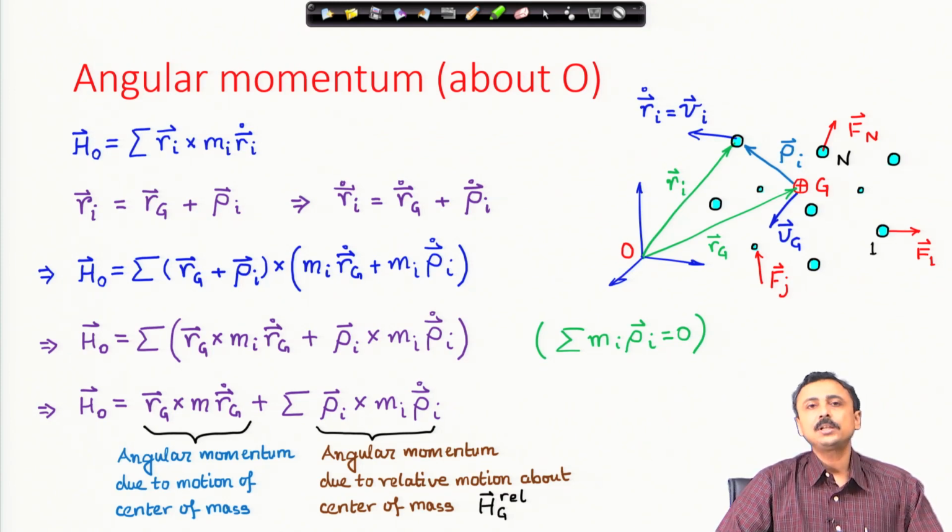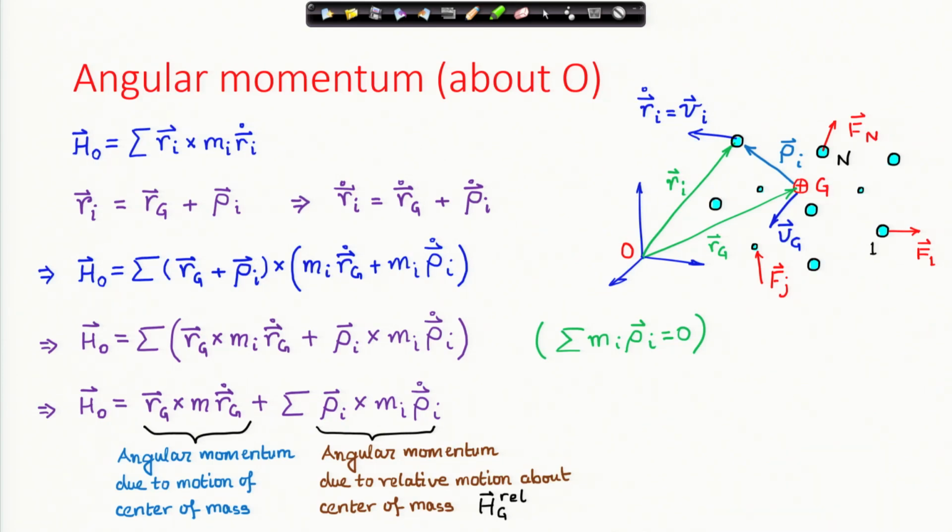Therefore, the total angular momentum of this system of particles about O is the angular momentum because of the motion of the center of mass with the whole mass concentrated at G, plus the angular momentum because of the motion of individual particles about the center of mass. So, two terms contribute to the total angular momentum about O.